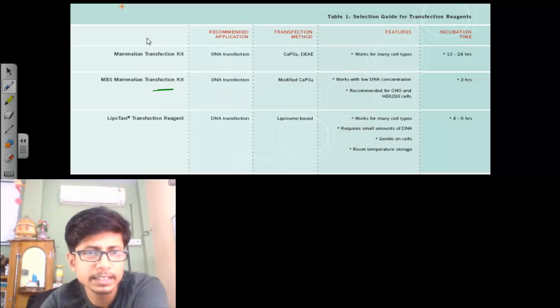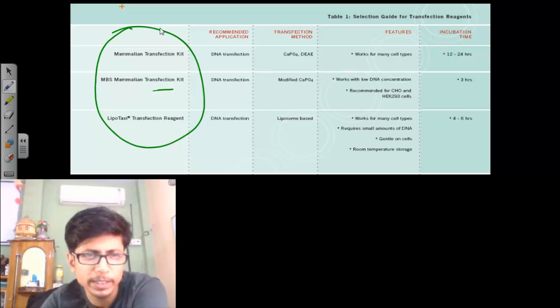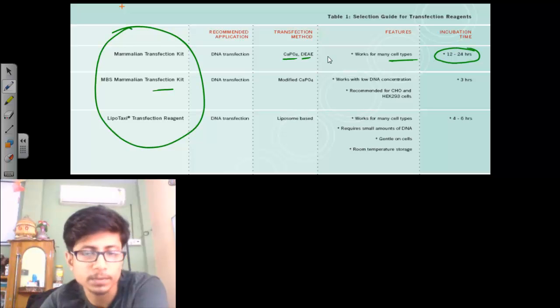These are the different commercial names of the kits, but we don't want to talk about that. Simply, for the process of DNA transfection we can use chemical methods like calcium phosphate and DEAE based methods. It works best for many cell types, and it takes a long time, like 12 to 24 hours, for this process to occur. For DNA transfection, again, we can use calcium phosphate.